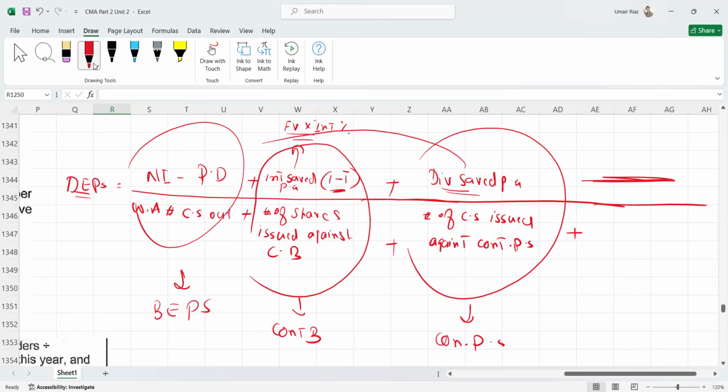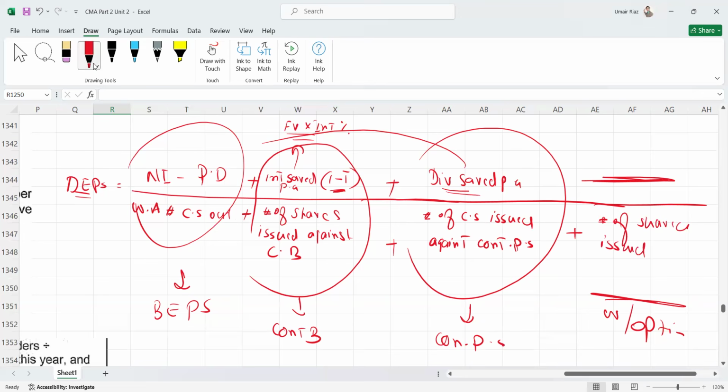So only the number of shares you are issuing. So the denominator will increase, not the numerator. So we will add the number of shares issued against warrant or option. Only the denominator will be adjusted.